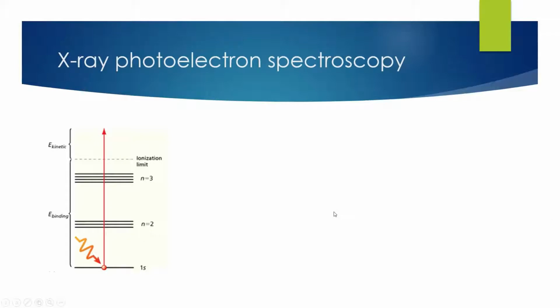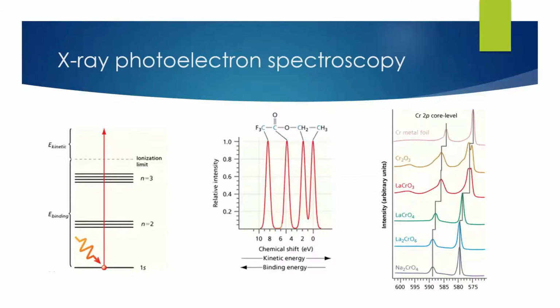Now, the way this is used as a spectroscopy technique to identify stuff is by comparing to electron withdrawing groups. So here we have an organic molecule, and we can use our good old intuition from NMR and say, well, this guy is next to a carbonyl and 3 fluorine, so it has a lot of electron withdrawing groups. This one over here is a methyl group, and we have a methylene group next to an oxygen.